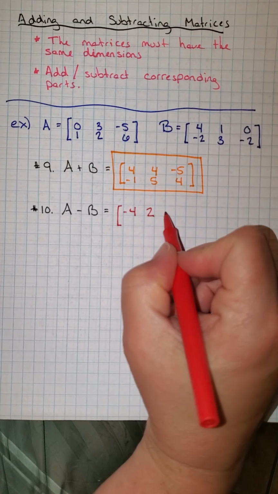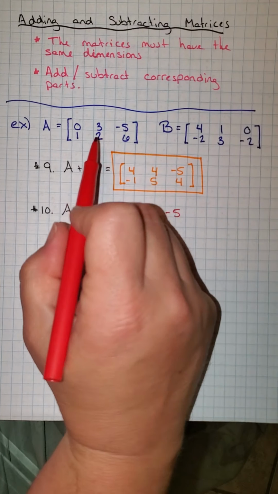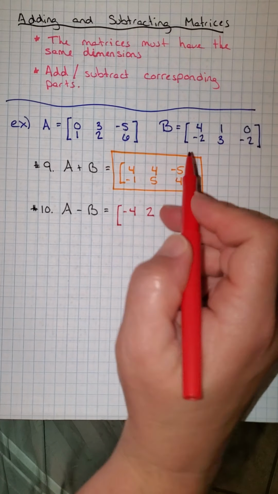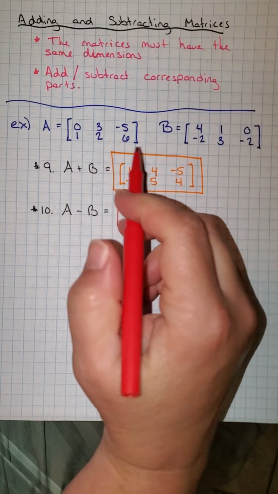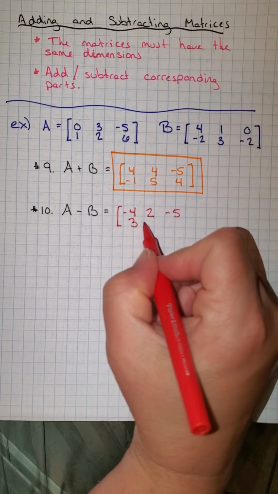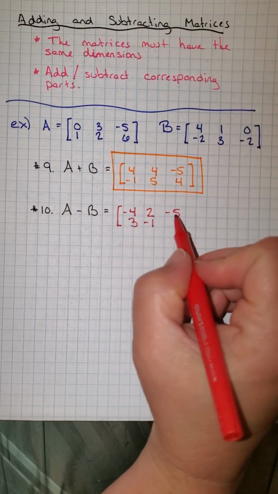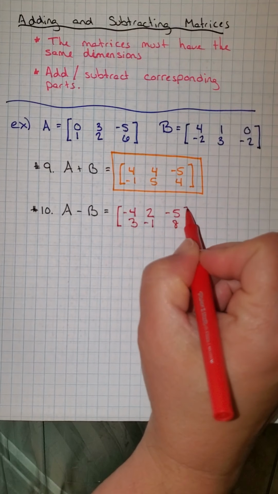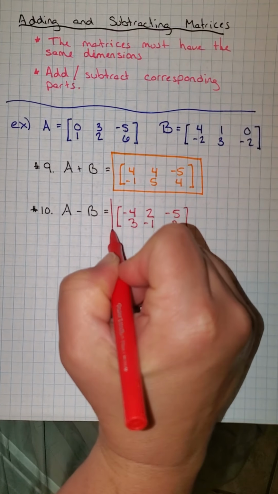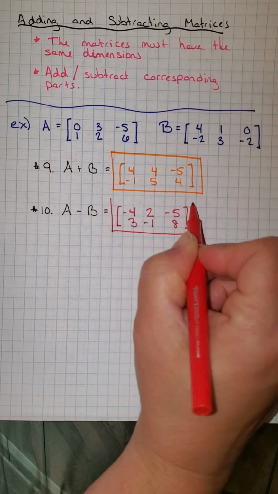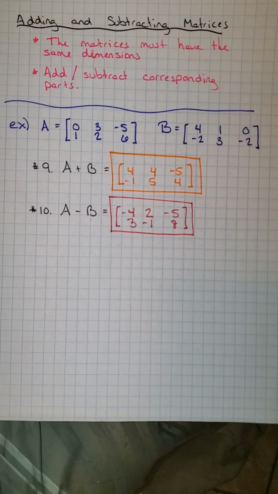Negative 5 minus 0 would be negative 5. 1 minus negative 2 would be 3. 2 minus 3 is negative 1. 6 minus negative 2 would become 6 plus 2, which is 8. And so that's your resulting matrix for A minus B.